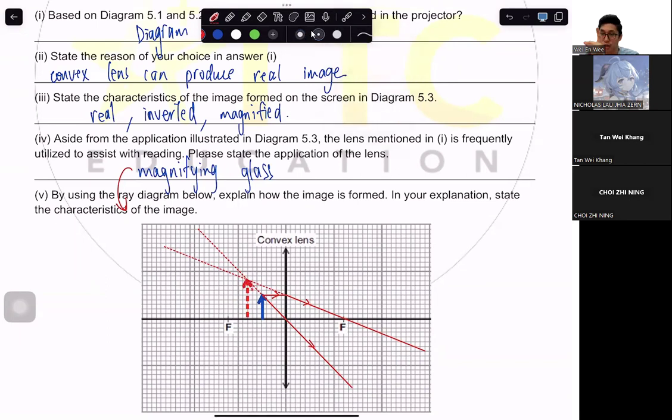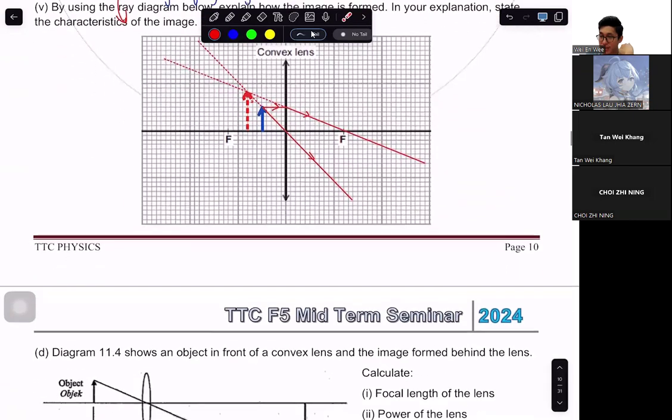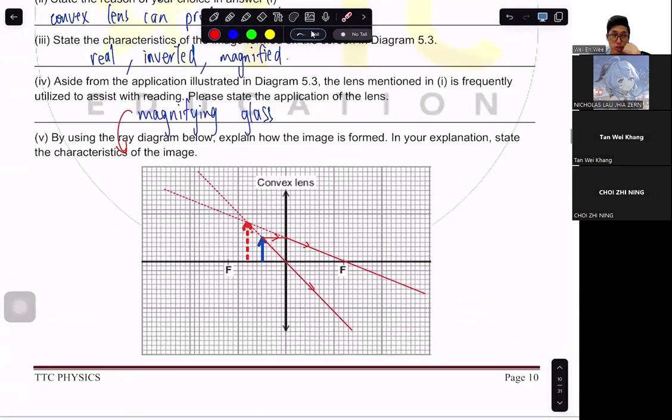Now, your image location and my image location might not be the same. Yours might be here or here because our object is not at the same place or the same height. But never mind, as long as your characteristics and my characteristics are the same, which is what?